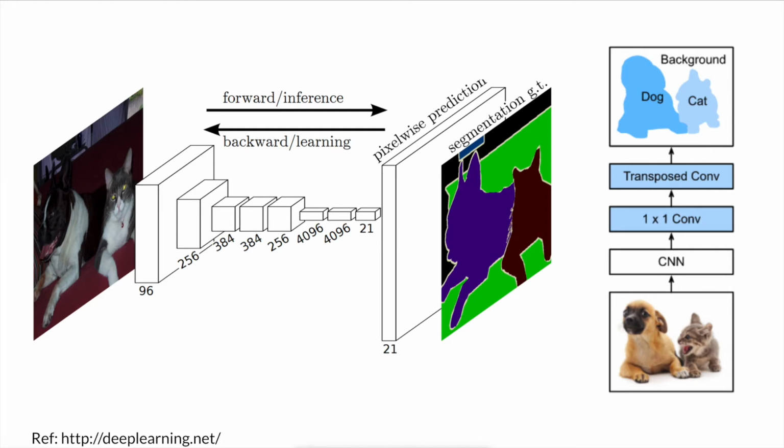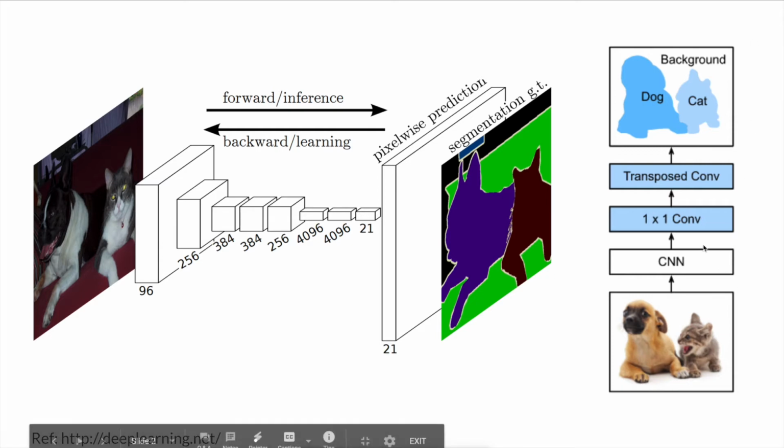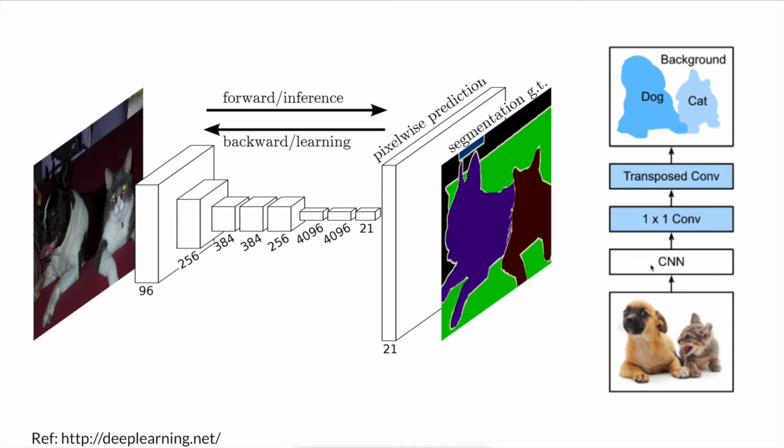Finally, after transpose convolutions, the output has the same height and width as the input. That is one use case of the fully convolutional network.